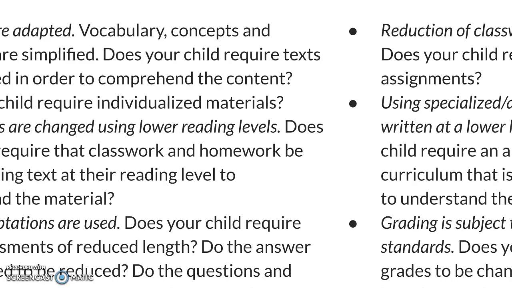We can also use testing adaptations, so maybe tests or examinations of reduced length. The amount of choices can be reduced, or they can be reworded in simpler language. We can reduce the amount of classwork or homework if that seems to be a barrier for them. Or we can also use specialized or alternative curriculum at a lower level.